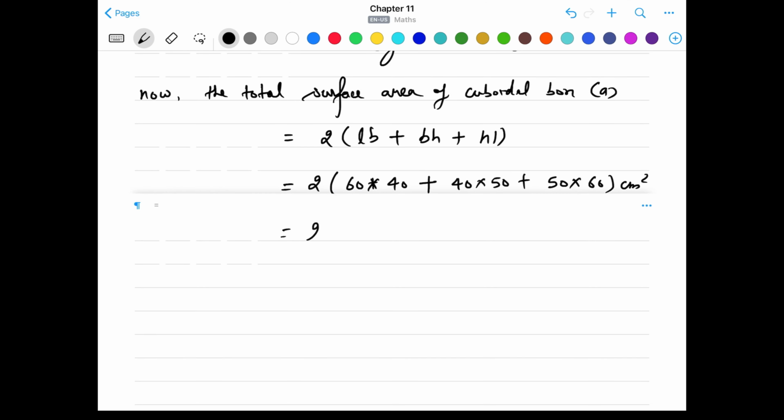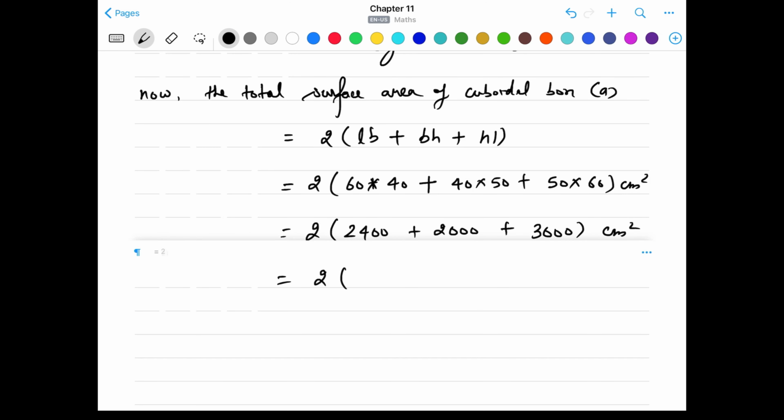Now let's multiply the numbers. 60 into 40 will give us 2400, plus 40 into 50 will give us 2000, plus 50 into 60 will give us 3000, then the common unit is centimeter square.